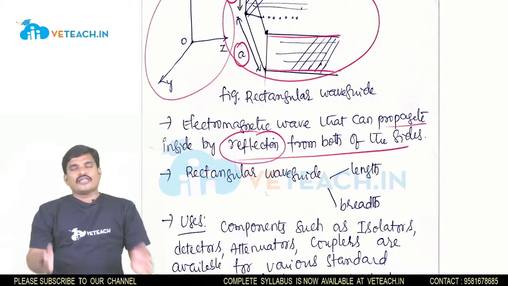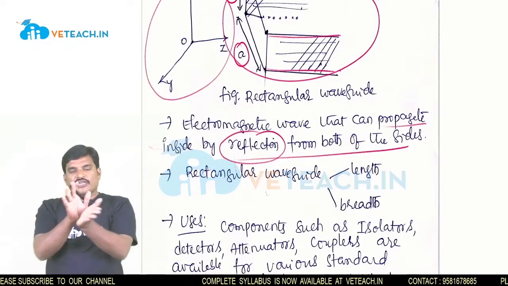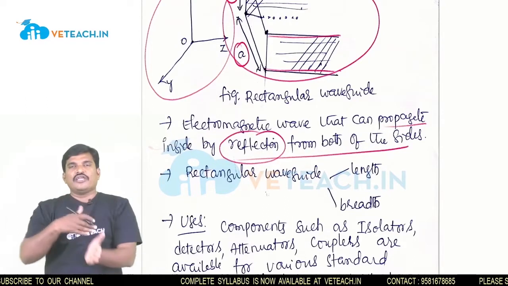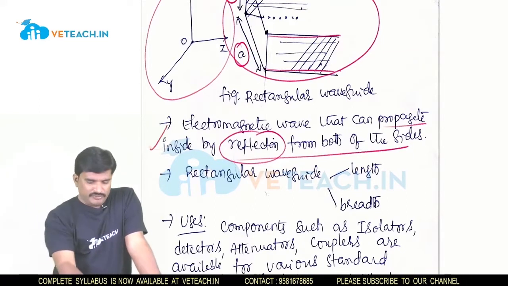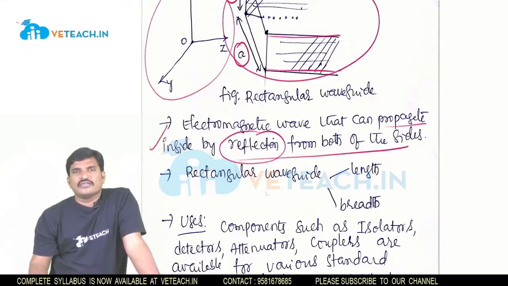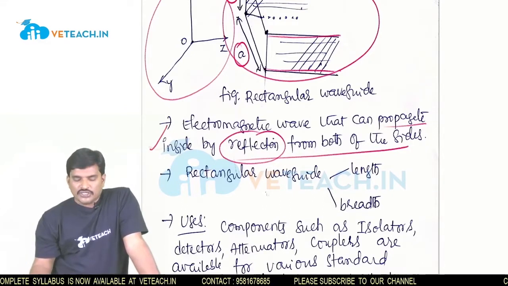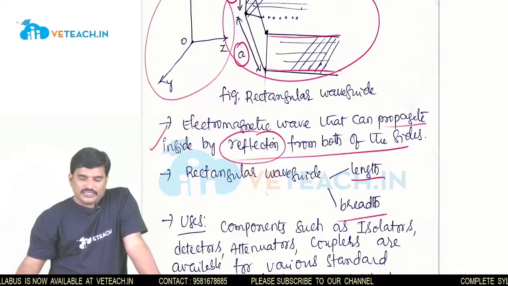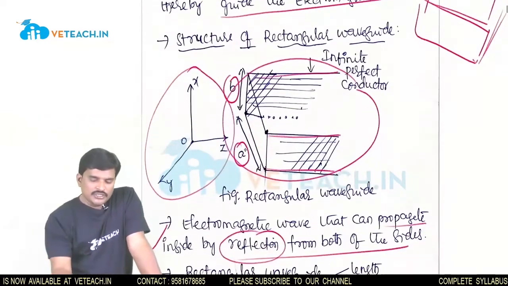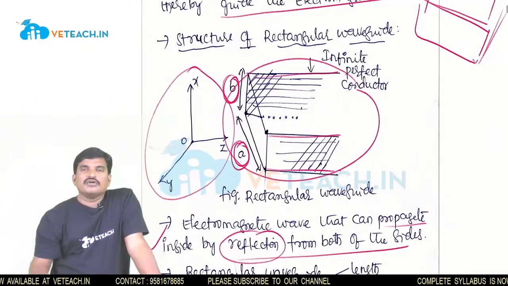Because of that reflection only, your electromagnetic wave can propagate. That is a very important point regarding rectangular waveguides. What are the two parameters that affect this? The length as well as the breadth. So a and b are given: this is the length and this is called the breadth.